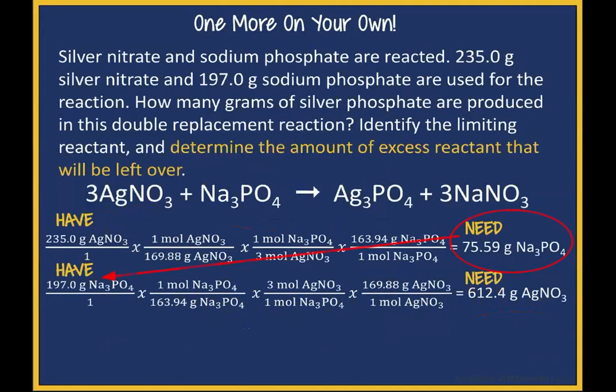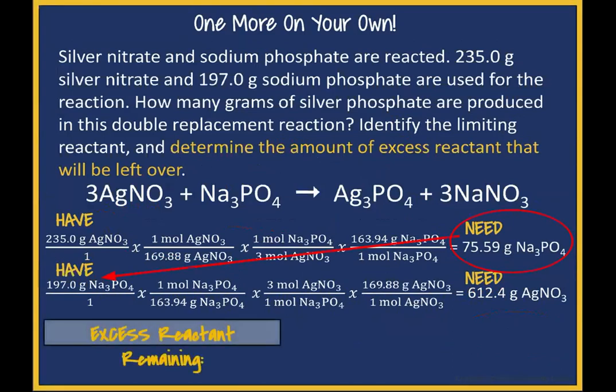So we're going to subtract those. 197 minus 75.59, and we get 121.4 grams remaining of sodium phosphate. We didn't even use. That's the amount that we didn't even use.